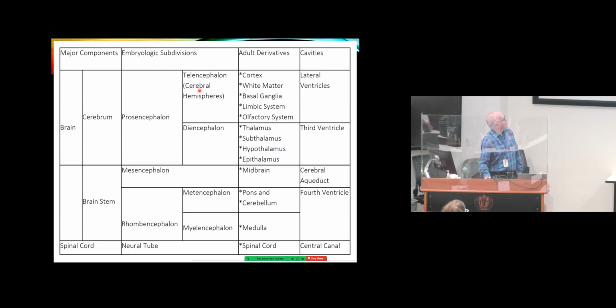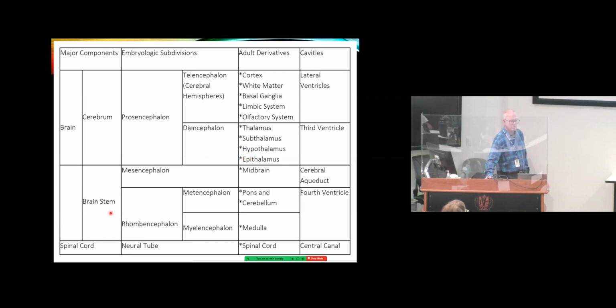Telencephalic structures, in terms of the adult derivatives, are the cortex of the brain, white matter, basal ganglia, limbic system, and olfactory system. The other part of the prosencephalon are diencephalic structures, which you can easily remember as anything with the word thalamus in it. We have the thalamus itself, but then we have the subthalamus, hypothalamus, and epithalamus.